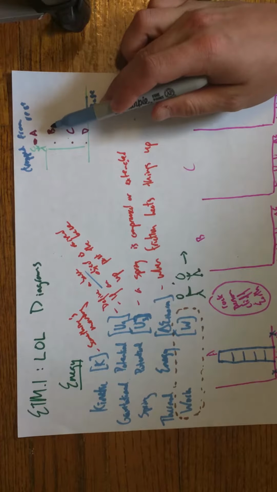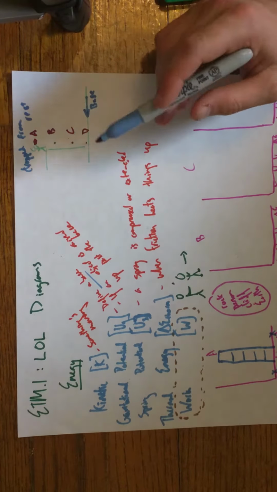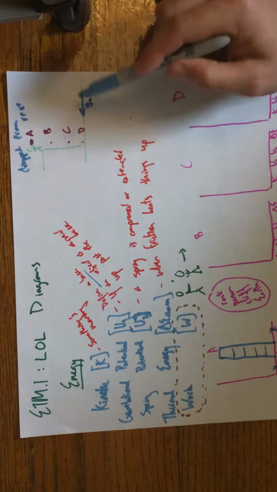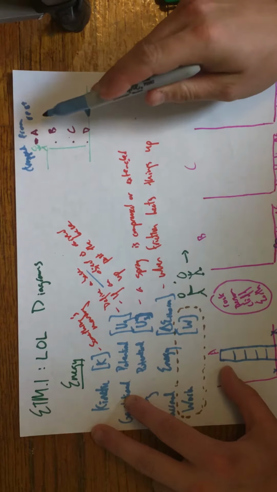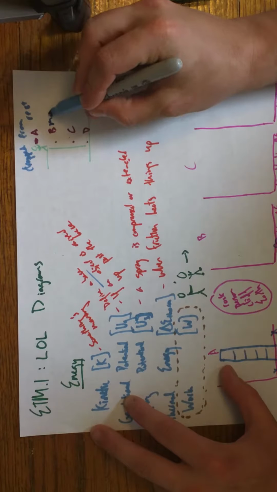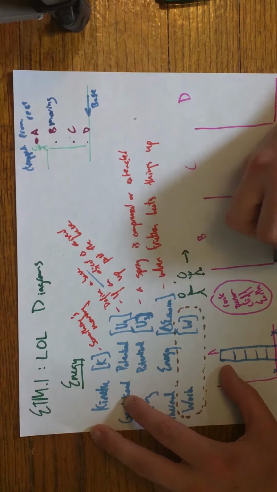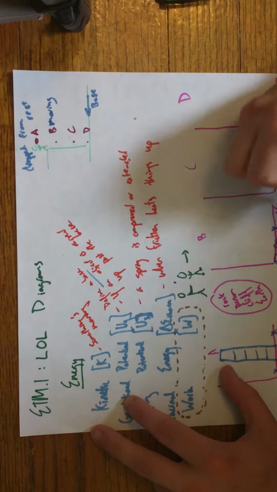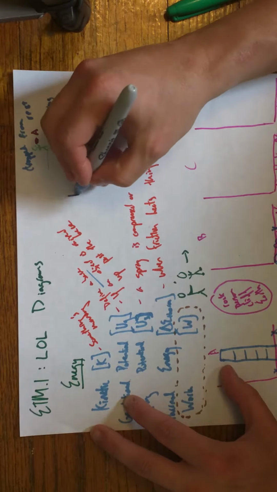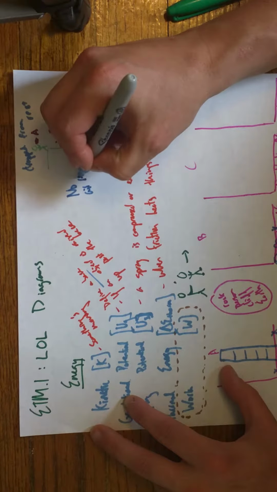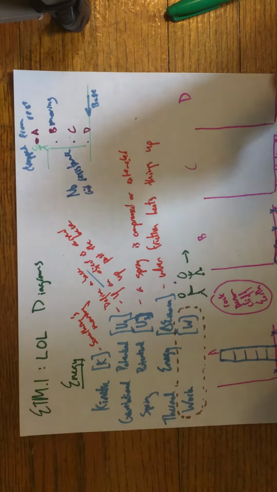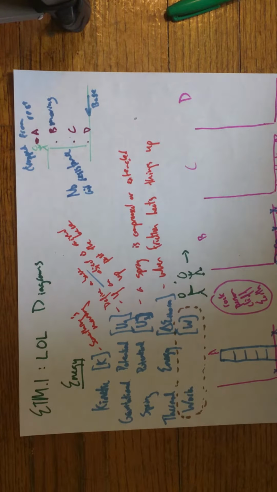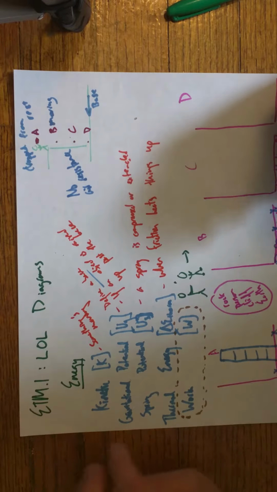Then I go to B. Well, I know that I have some UG because it's still up off of my base. But now at B, this is moving, isn't it? So I also have K. No spring. And let's say that there's no air resistance. So there's no friction, meaning there's not going to be any increase in temperature of the rock. So I have these 2 buckets now.